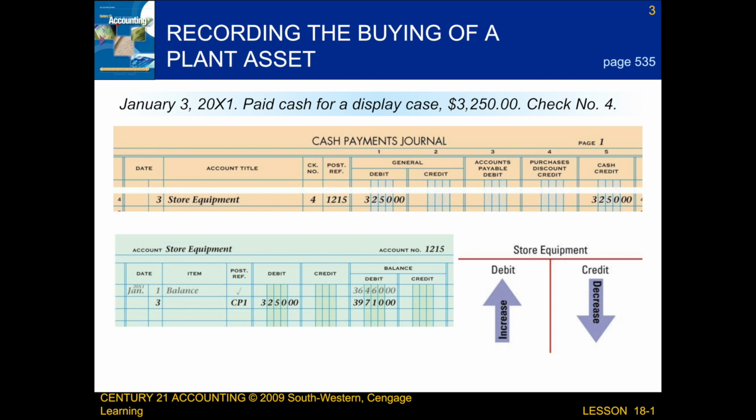After that, we post the general debit column to the general ledger. And finally, we return back to the cash payments journal and write the account number, which is 1215, in the post reference column.